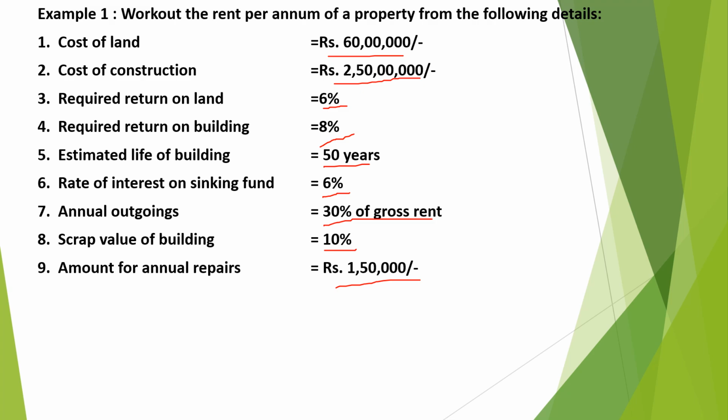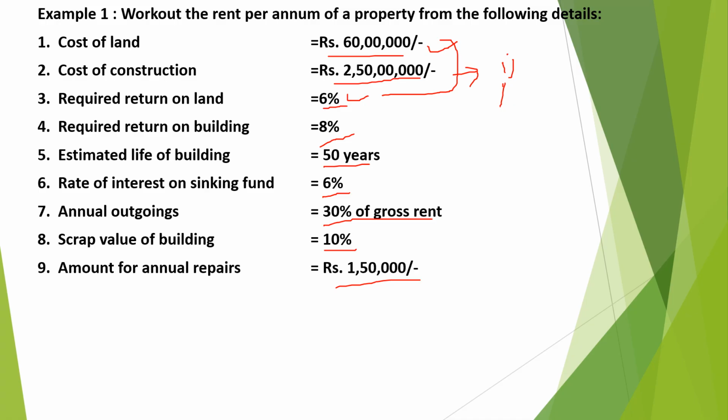So see here. First you will have to calculate the return from the land. Cost of land is 60 lakh, and on this the requisite return of land is 6%. By these two things you will calculate the return from the land. That will be the first thing.